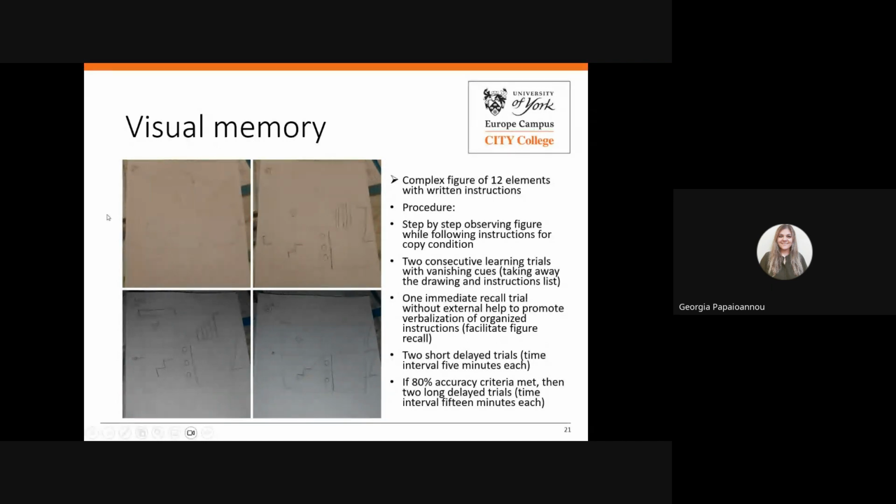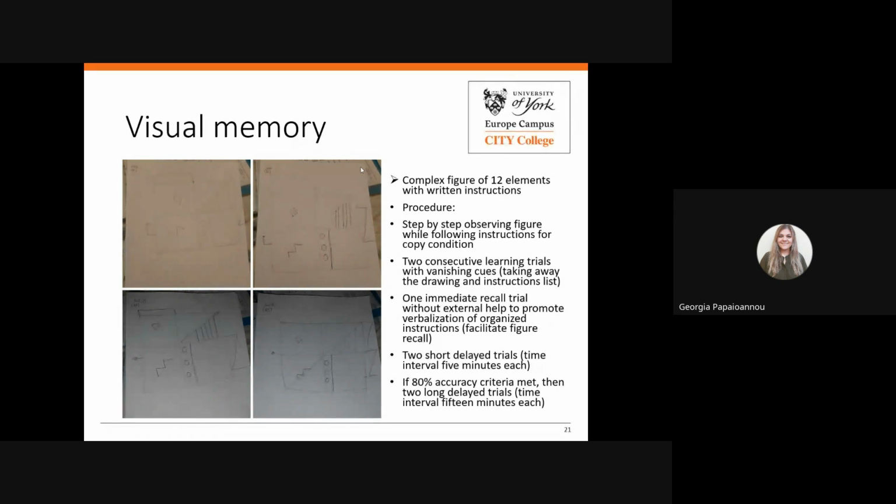Then we can give 2 consecutive learning trials with vanishing cues, so taking away first the drawing and then the instructions list. Then 1 immediate recall trial without giving any external cue, such as the list or the drawing, to promote verbalization of the instructions.